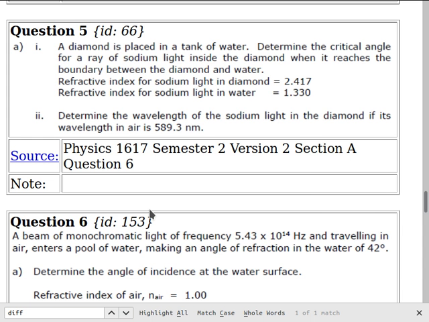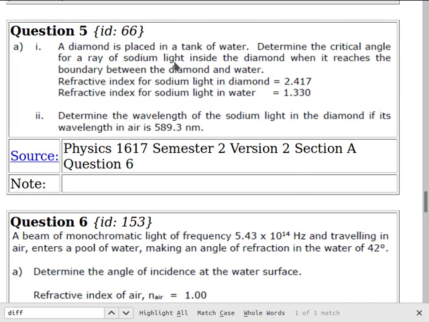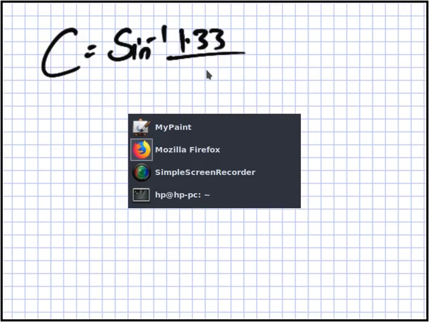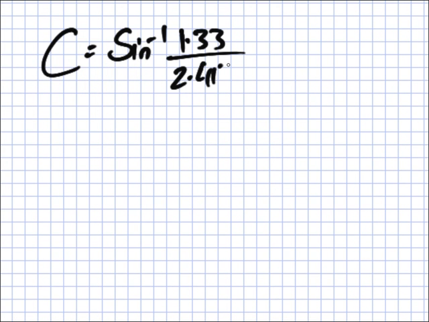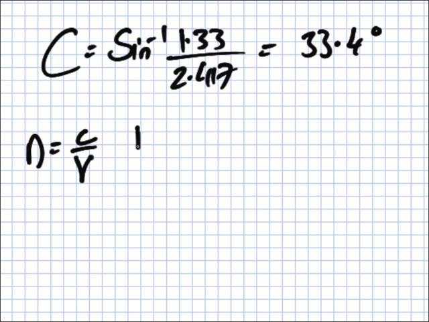Better do this one. The first part, I hope you got it okay. Critical angle equals sine inverse 1.33 over 2.417. And what do you get for that? 33.4. Okay. Now, for part 2, n equals c over v.